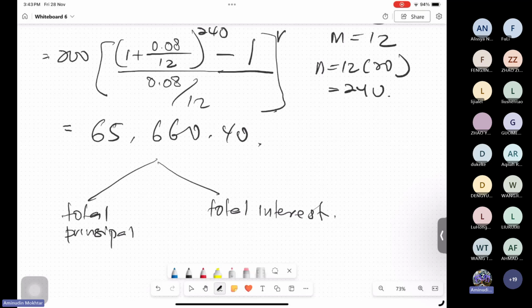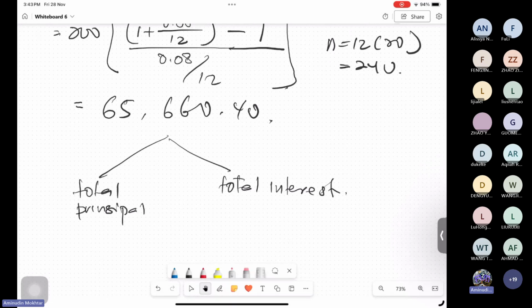So we can calculate the total principal and the total interest. What is the total principal? For 20 years, 200 per month times 12 times 20 years.